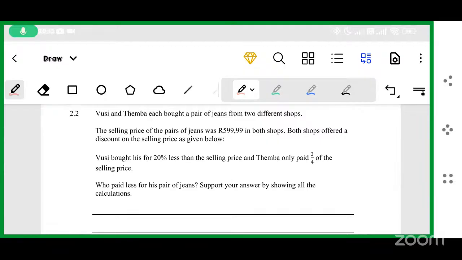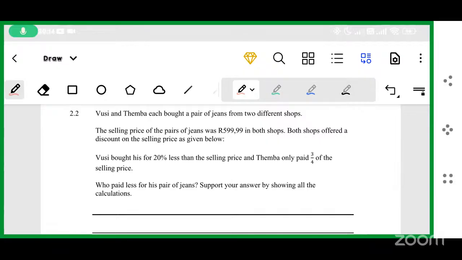Vusi bought his for 20% less than the selling price, and Temba only paid 3/4 of the selling price. Who paid less? So this is our question. Who paid less for his pair of jeans? Support your answer by showing all the calculations. So what do you think here?